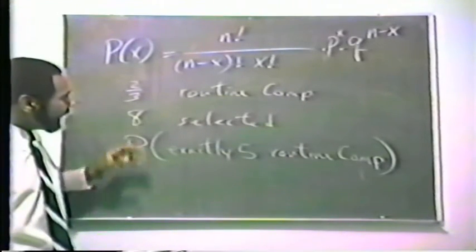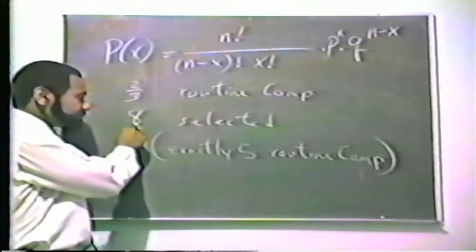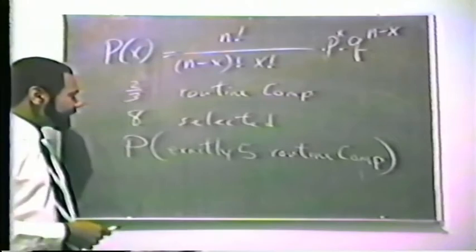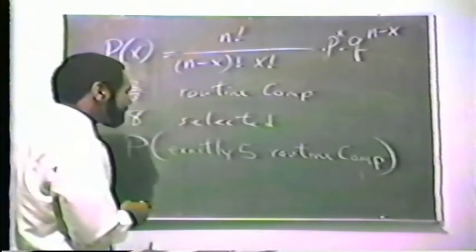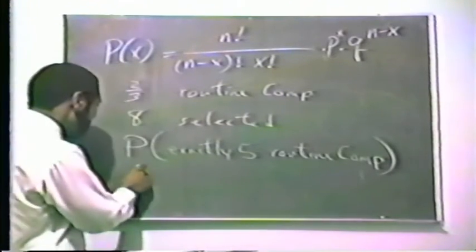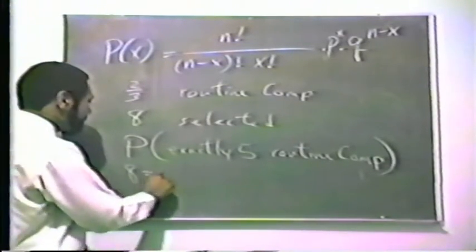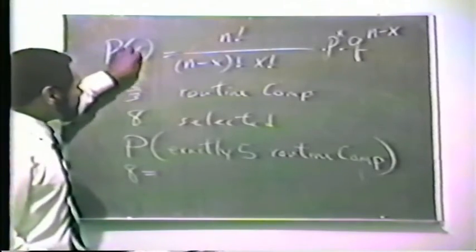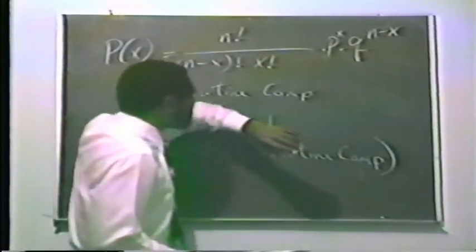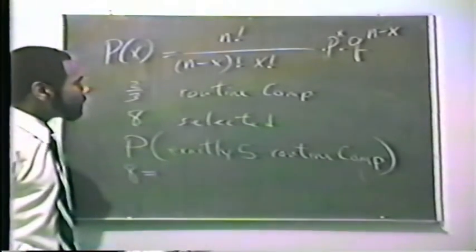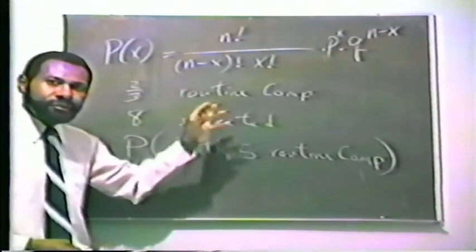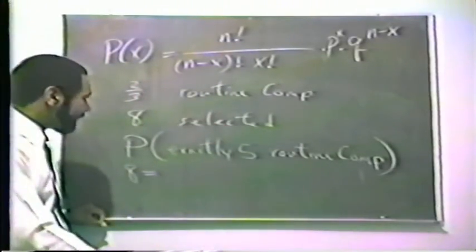Now, there were 8 individuals that were selected, or we're going to select 8 individuals. So the 8 here represents the sample size. If we look at the formula here, we have X, N, P, and Q. Those are the 4 variables that we have to know in order to use this formula to find this probability.